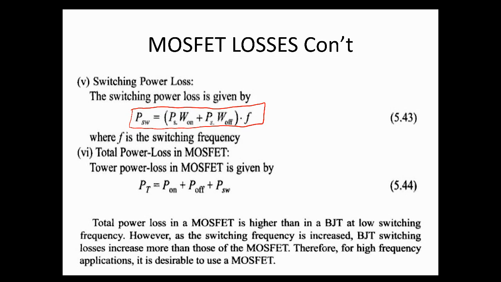That's what we apply. And to get the total power that would be lost in a MOSFET, you take the summation of all of those powers that you would have calculated. So that's the general formula.